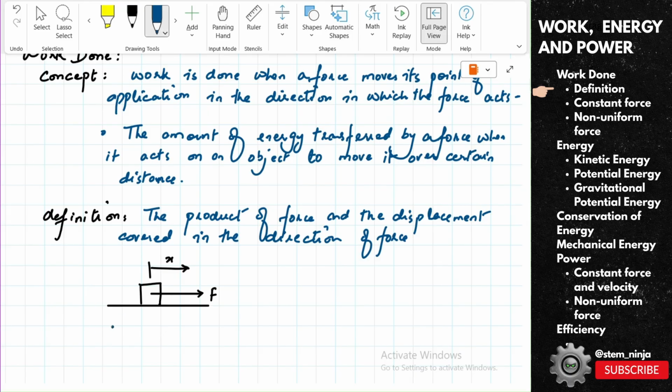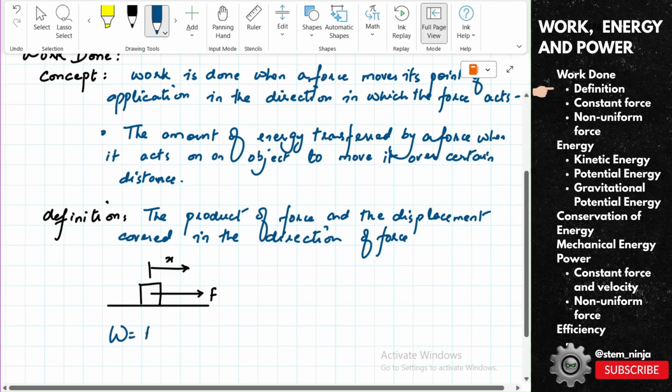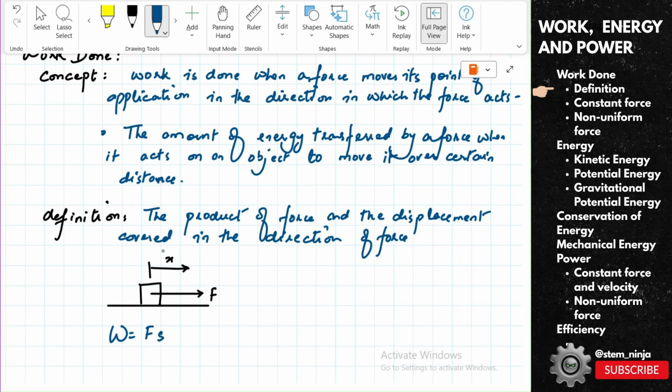The work done would be simply force times displacement, let's call it S. However, if there is an angle between them, for example the force is inclined at some angle, the displacement is still in this direction.